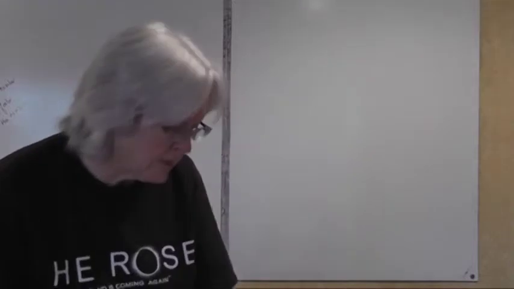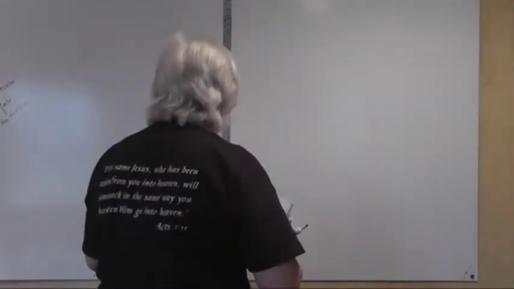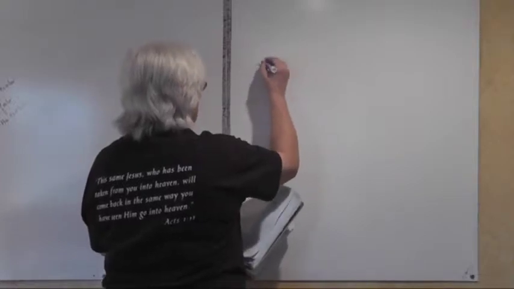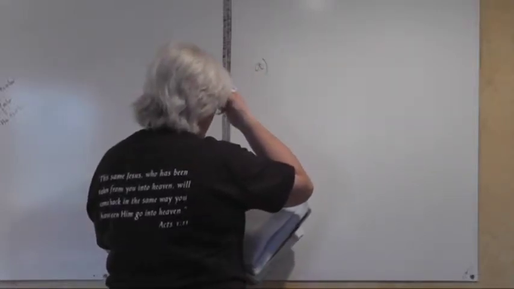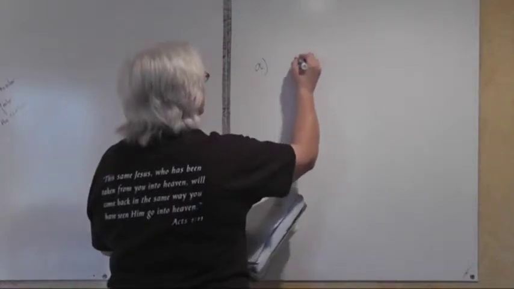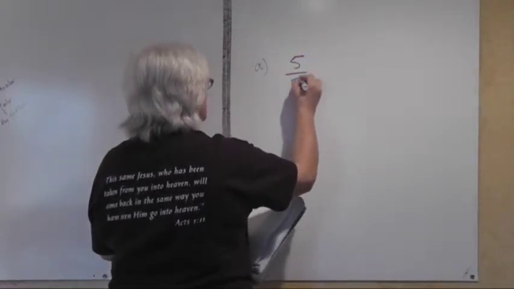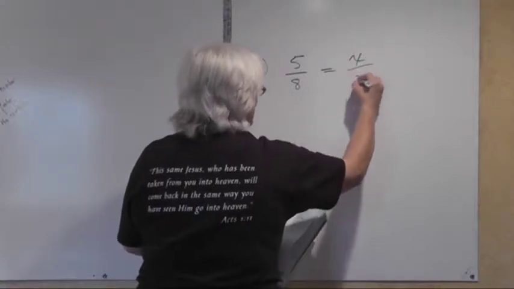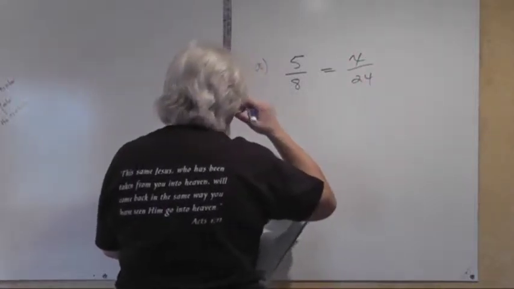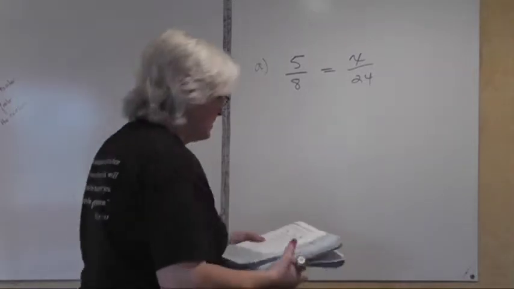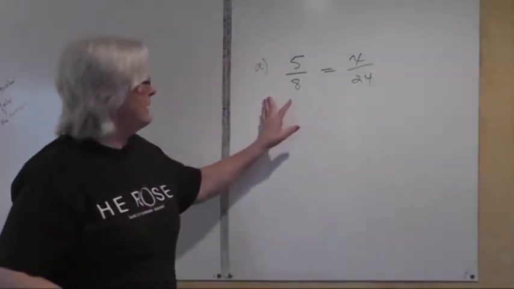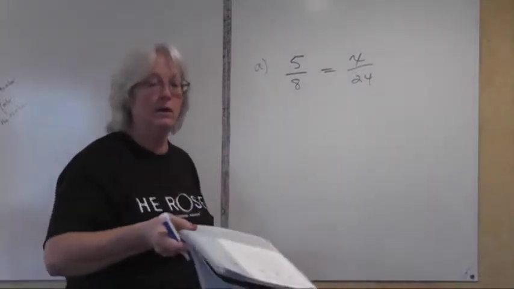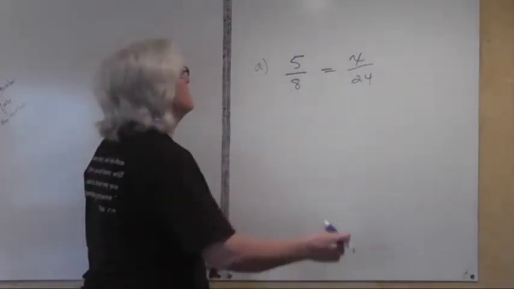This says, replace the variable to write an equivalent fraction. So here's our first example. Example 1, part A. This tells us 5/8 is equal to x over 24. Remember we said if we multiply the numerator and denominator by the same value, we have equivalent fractions.